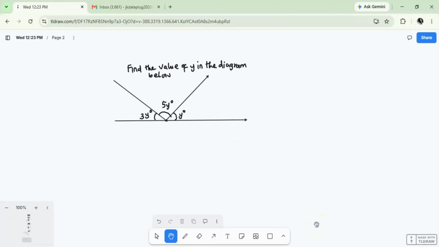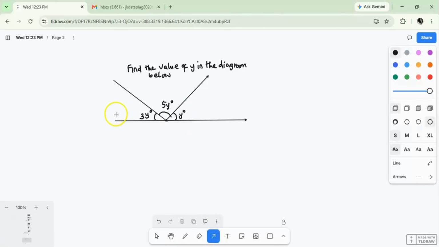Now let's make it a little more interesting. This time around, we have 3y degrees, 5y degrees, and y degrees. Again, first you need to find the angle budget. So let's find our angle budget.